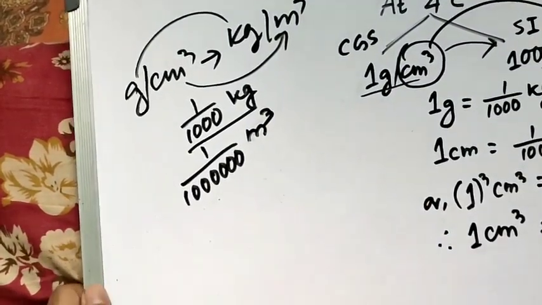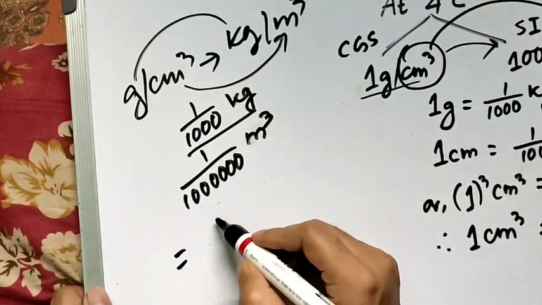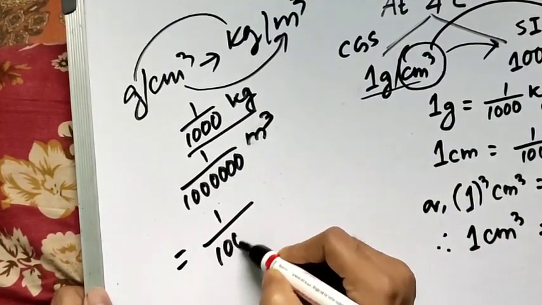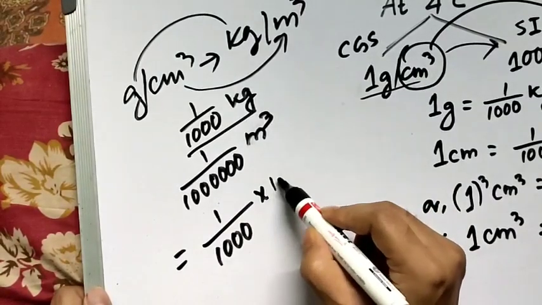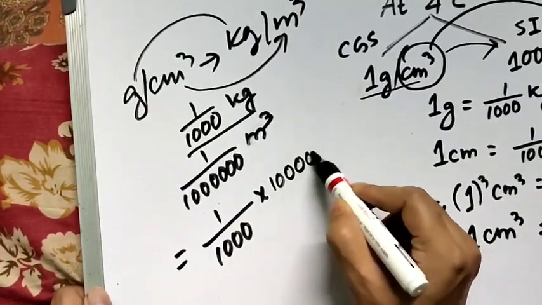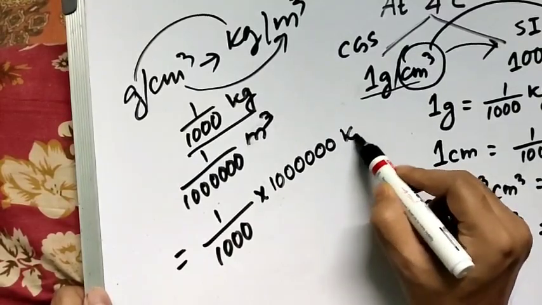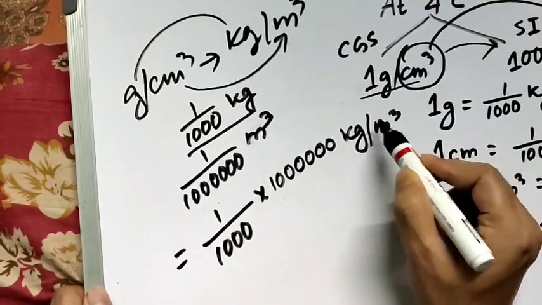Now let's calculate 1 by 1000 into 1 2 3 4 5 6, and the unit becomes kg per meter cube.